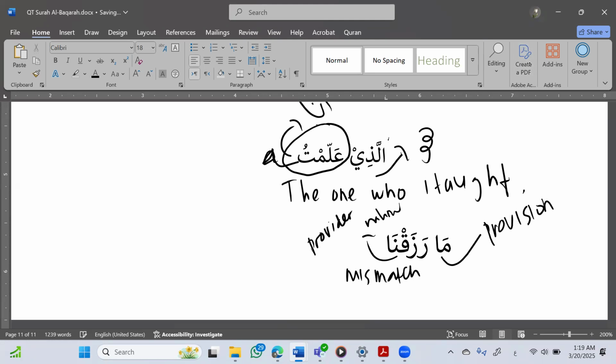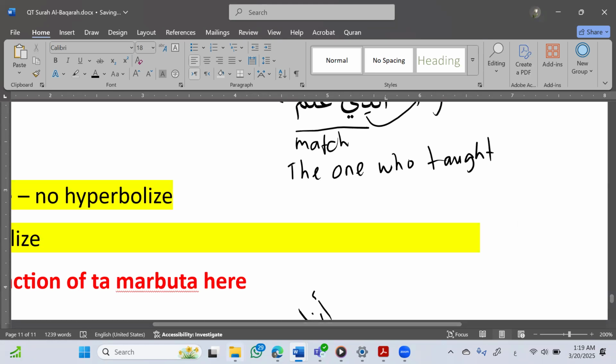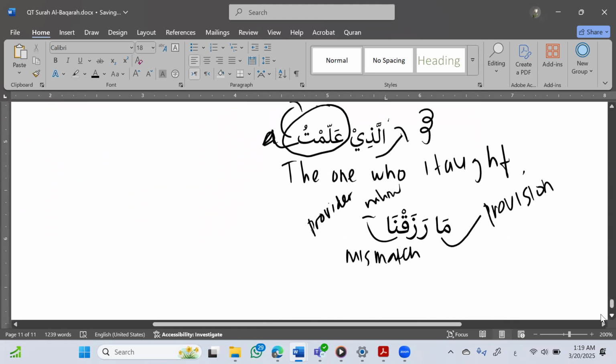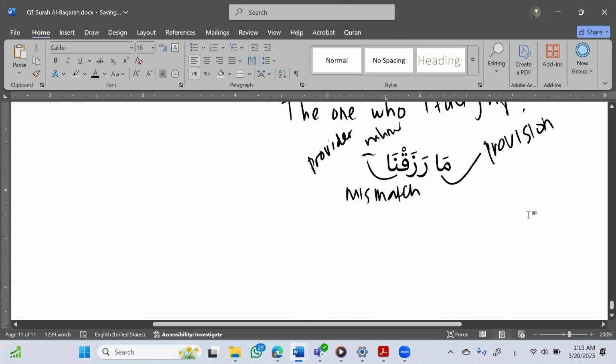So actually, this is mismatch, and so we expect the aid. Do you think hum is the aid? Yeah, and why is it hum, not huwa? Because ma can be anything, from huwa to hunna. So it just makes sense that hum in razaqna is the aid. And it is restricted to whom the provision is given.